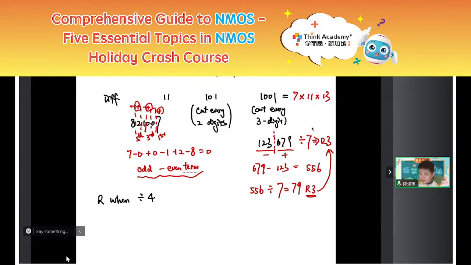We start with 3952 divided by 4. What is the remainder of this one? Please use the divisibility to help you a little bit. Remember, the divisibility of 4 is looking at the last 2 digits.